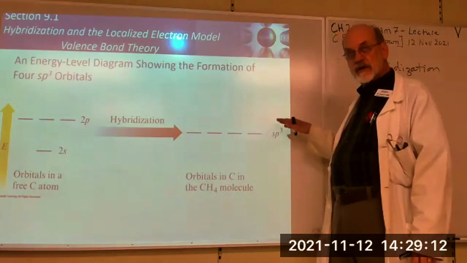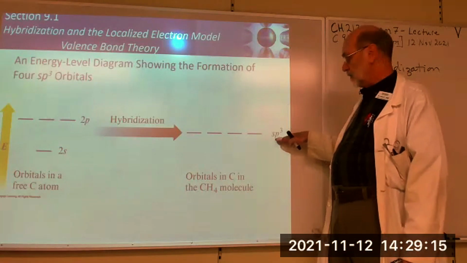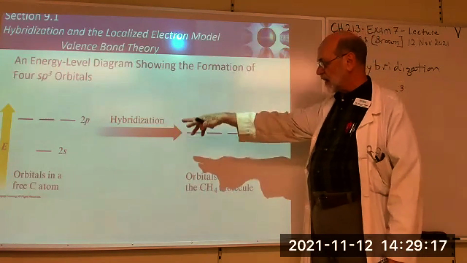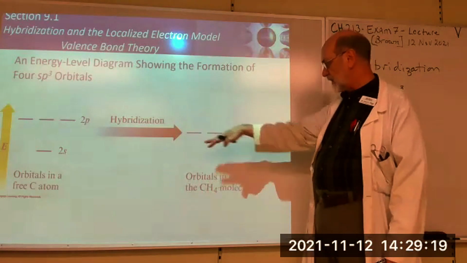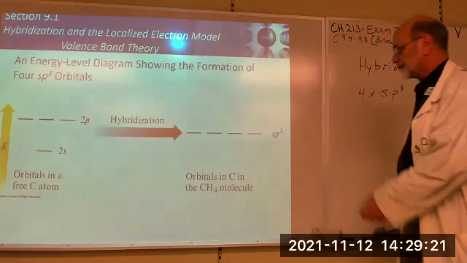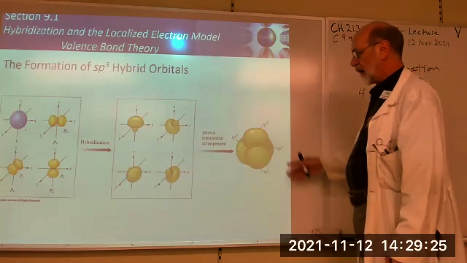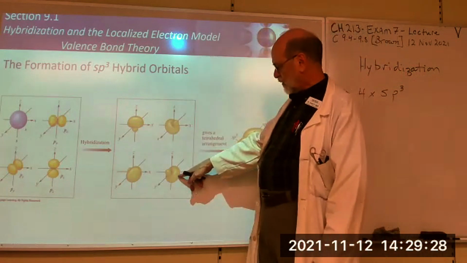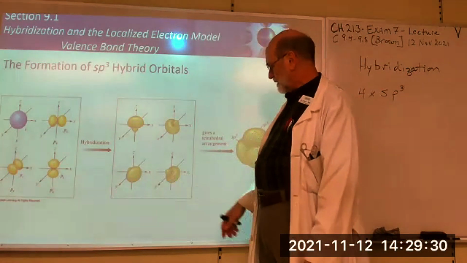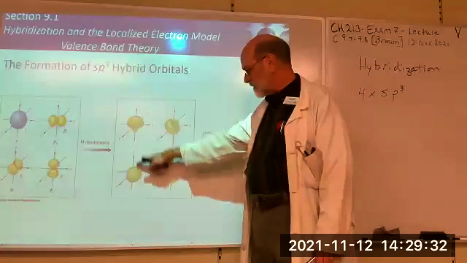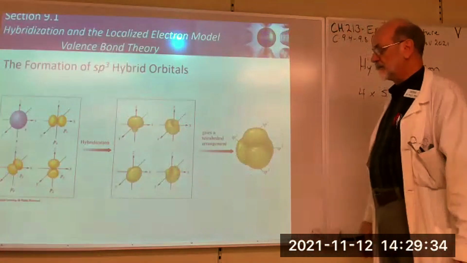Otherwise, the bonding won't give you the structure you want. So they're somewhere in between the p's and the s's. And this is what the computer model says they look like. They have a big bulb on one side and a tiny one on the other. So we form a bond here, here, here, and here, and we have 4 hydrogens taken care of.